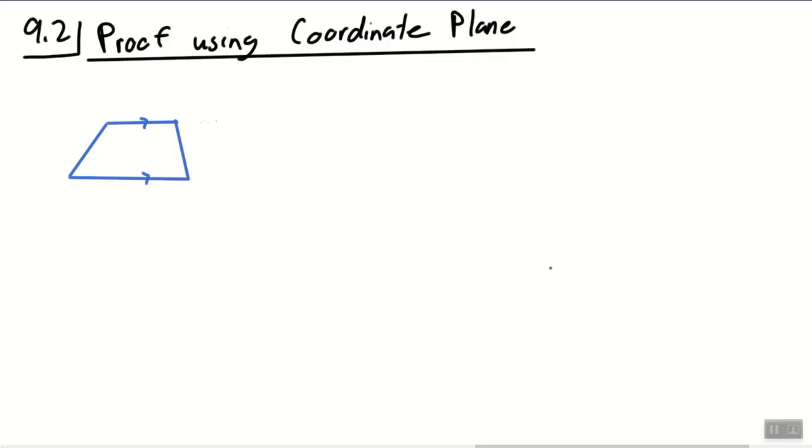Now, who remembers the midpoint theorem? I'm going to draw my little midpoints here. This is the midpoint of this side, and this is the midpoint of this side. If I drew a line right here, what can you tell me about this line?